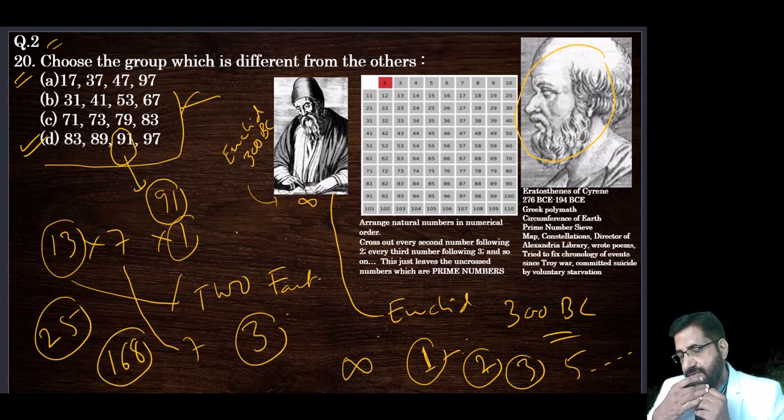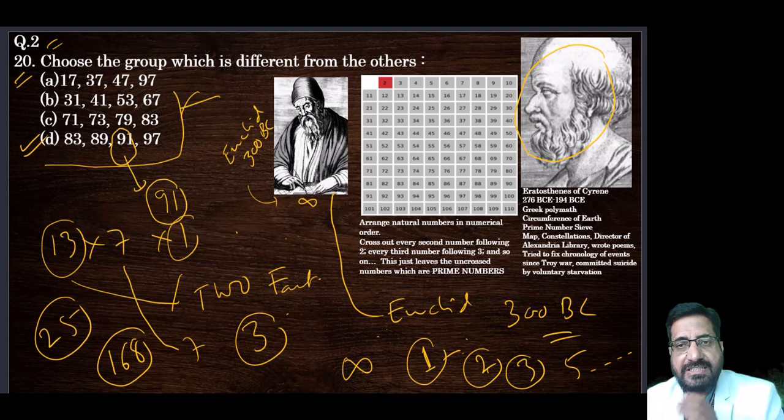That means if you go on and on till infinity, the number of primes will reduce, right? It doesn't mean that somewhere it will end. That's why Euclid said it is never ending, you will get infinite number of prime numbers. Eratosthenes gave one simple tool for us to find prime numbers. That is what is called Eratosthenes sieve.